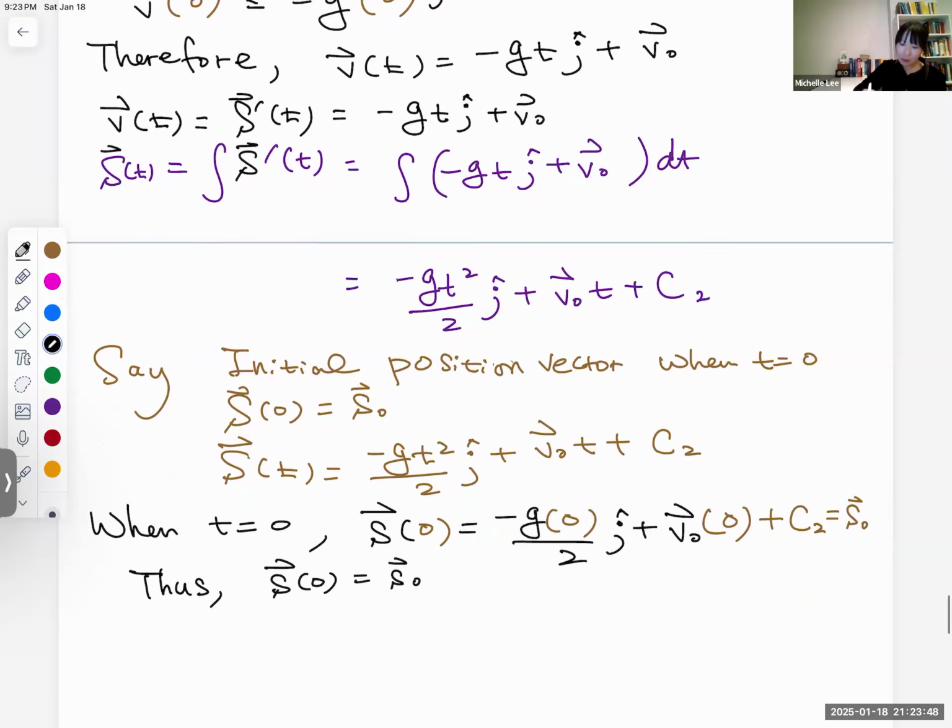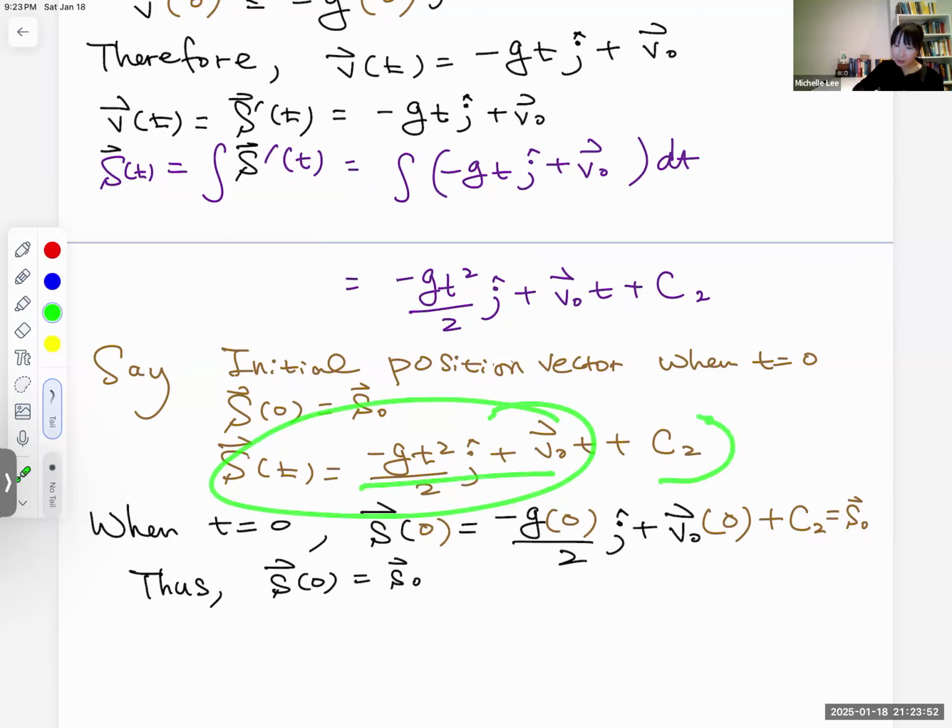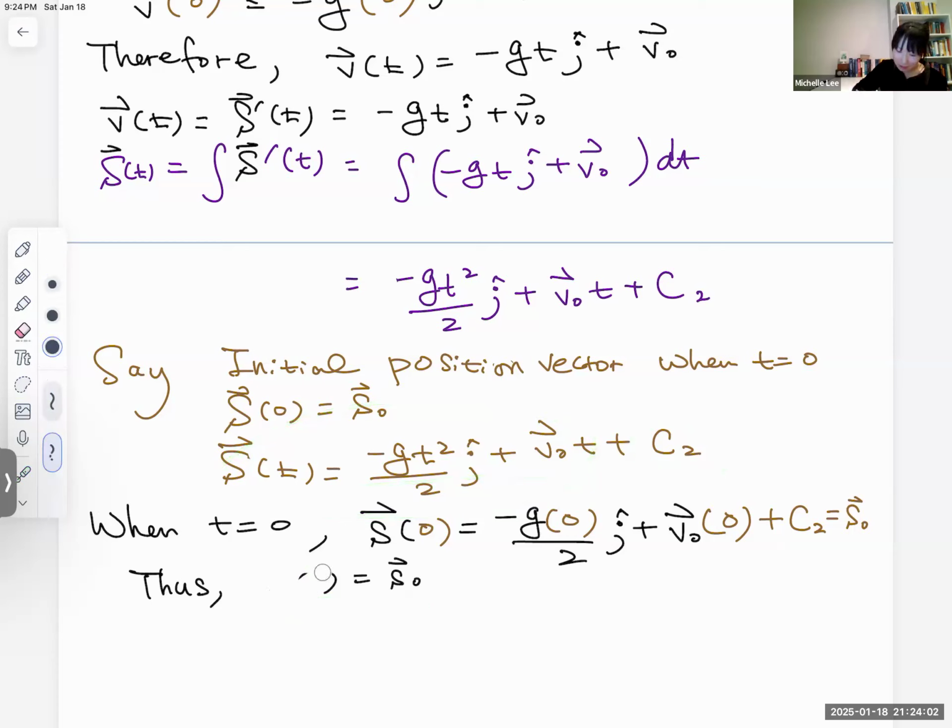Okay, then S of t. Yeah, we do this. C sub 2. What's the C sub 2? Oh, C sub 2 is supposed to be equal to S now, right? C sub 2 equal to S now.